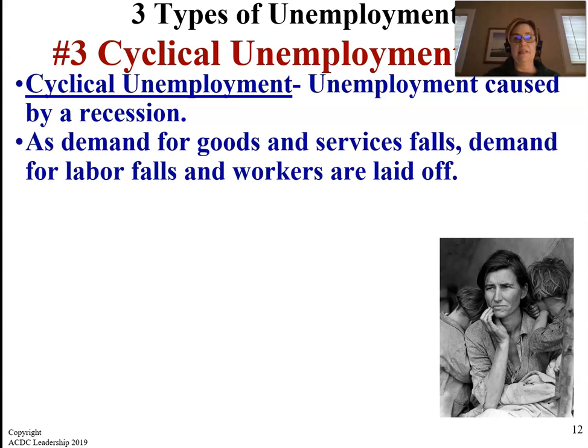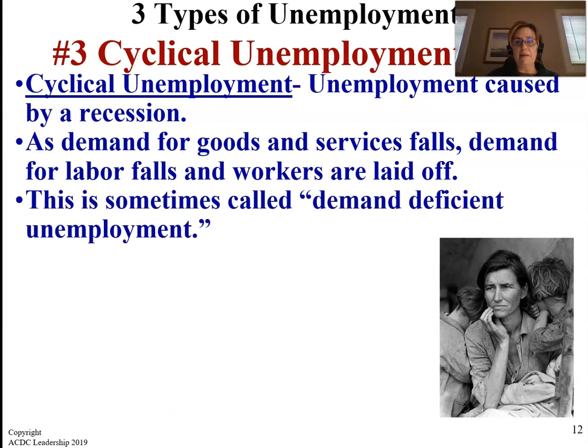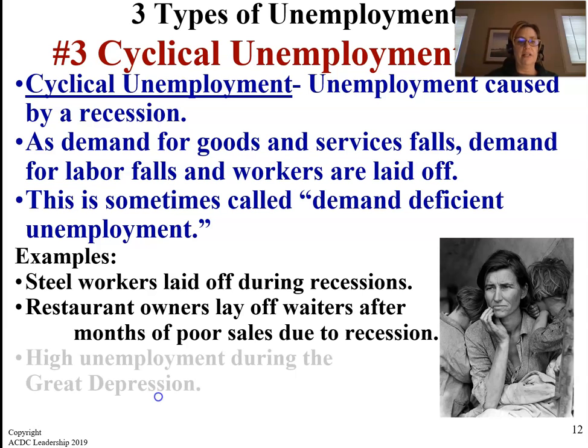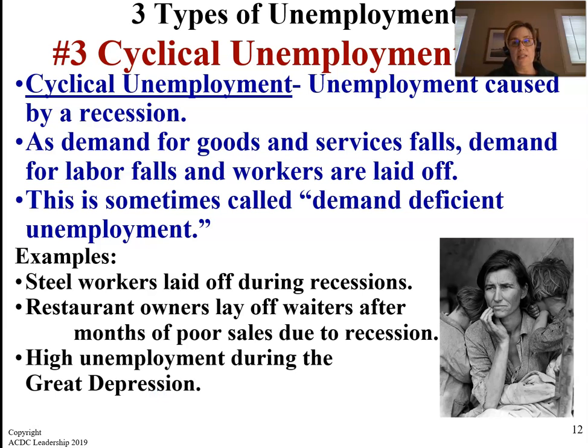So as the demand for goods and services falls, the demand for labor falls, and workers end up getting laid off. This is sometimes referred to as demand deficit unemployment. So examples are steel workers that are laid off during a recession, or restaurant owners that are laying off their employees because of the pandemic.